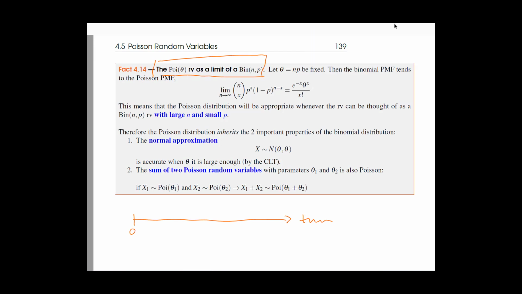So I could define time intervals of length delta t, like that, and fill the whole timeline in this way, such that this would be trial n, but also is going to be time t.